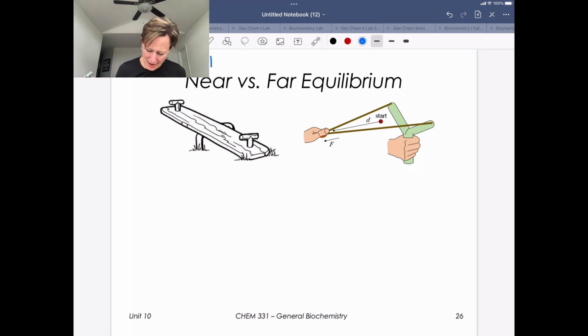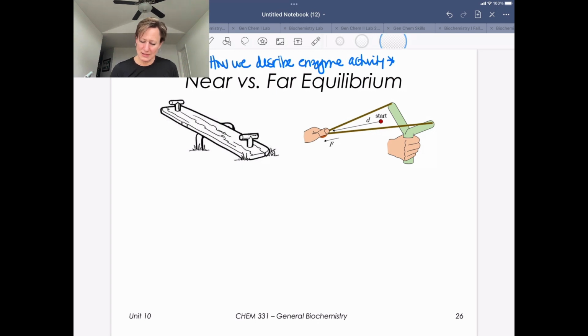So this is how we describe enzyme activity. Okay, so starting here first with near equilibrium.